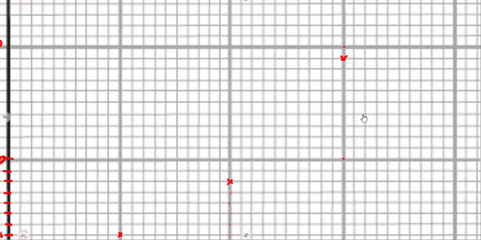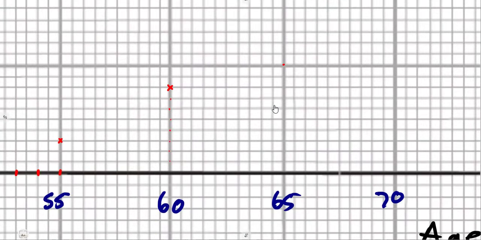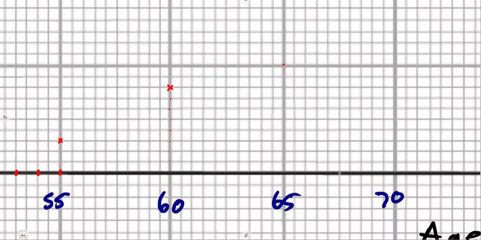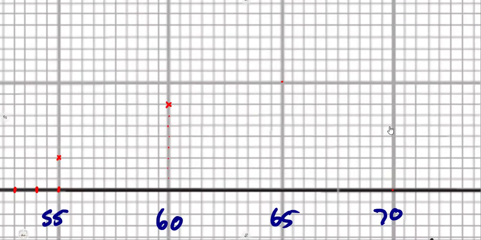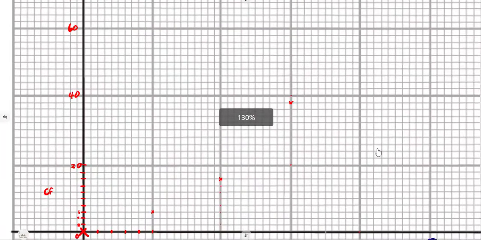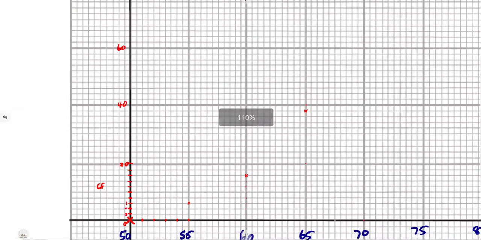Okay. So we move on to the other one, 70. Remember, 70 is versus 70. Our 70 is here. So it's supposed to go up to 70. 70 versus 70.